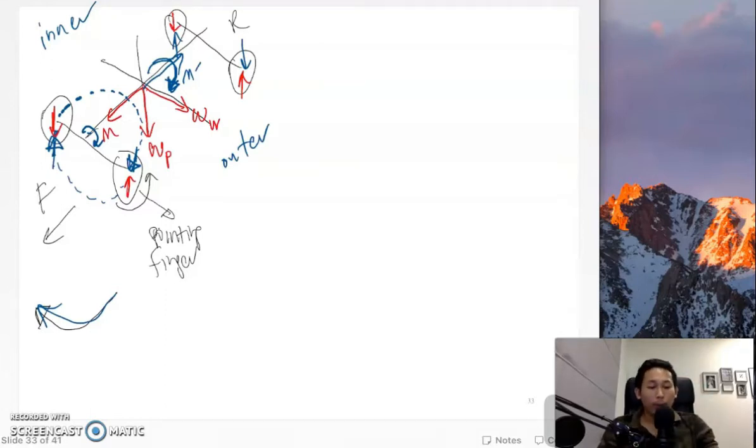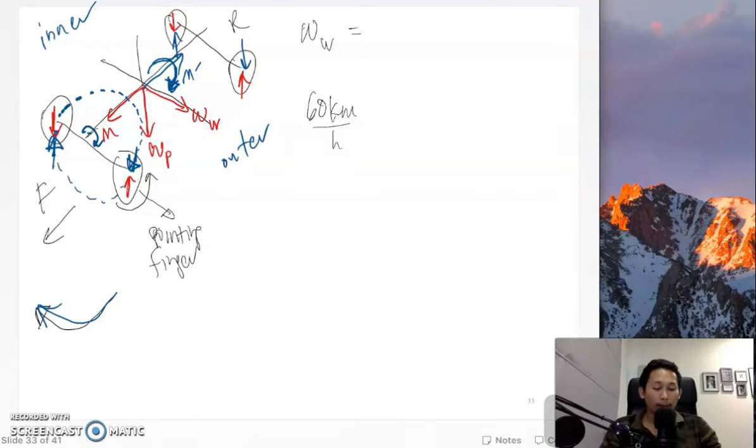So for the wheels, we need to change the velocity from 60 kilometer per hour of the vehicle to meter per second.